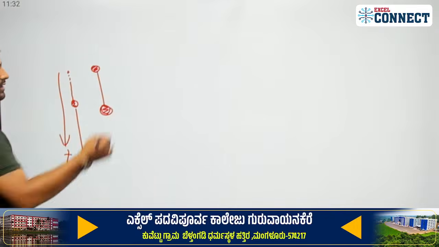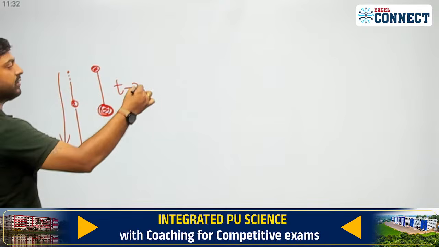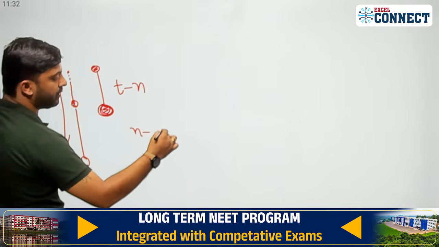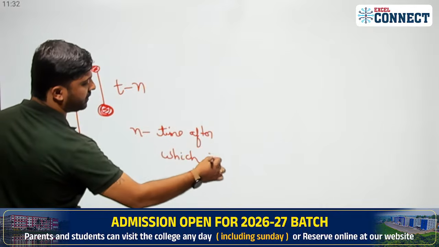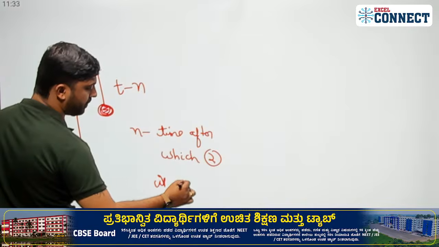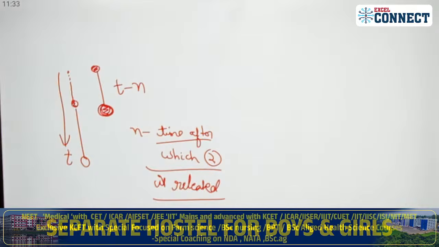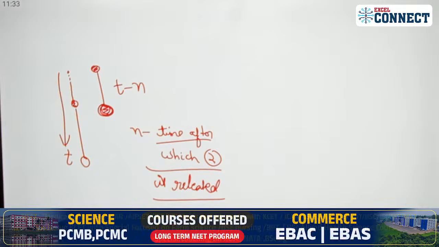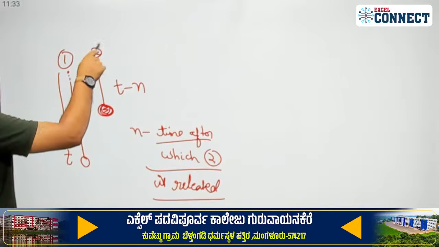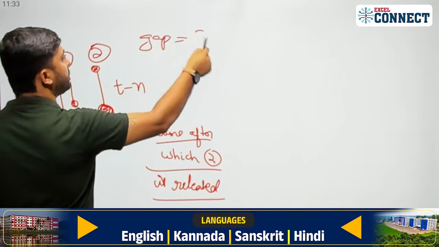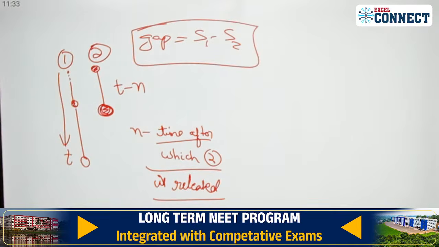Time taken by second object is time taken by first object minus the time after which this is released. What is n here? It is the time after which second object is released. Then you have to calculate the gap by S1 minus S2. So if this is 1 and this is 2, the gap is nothing but S1 minus S2.